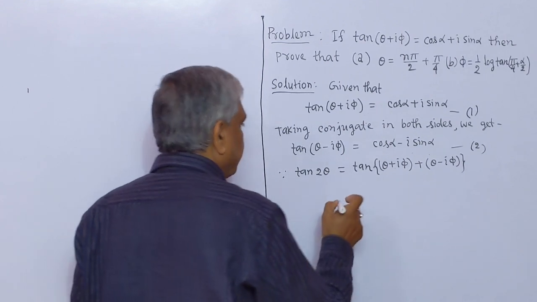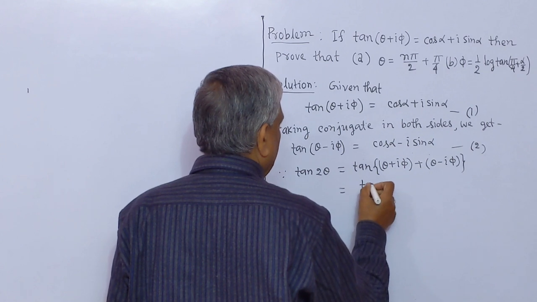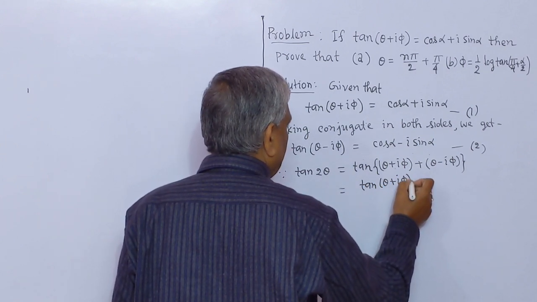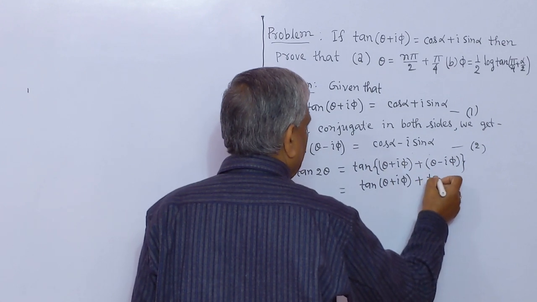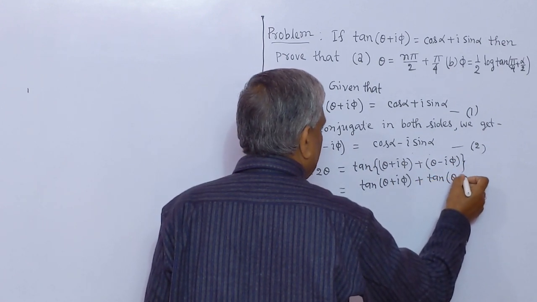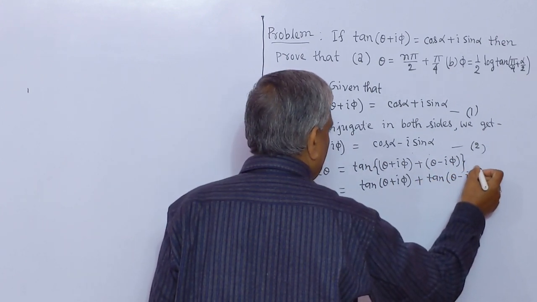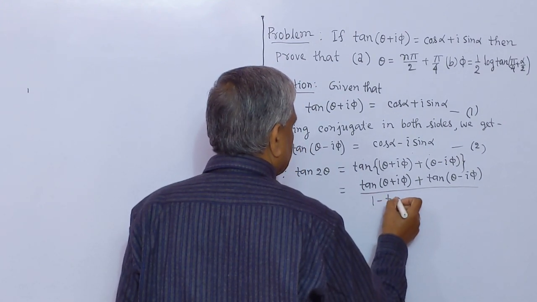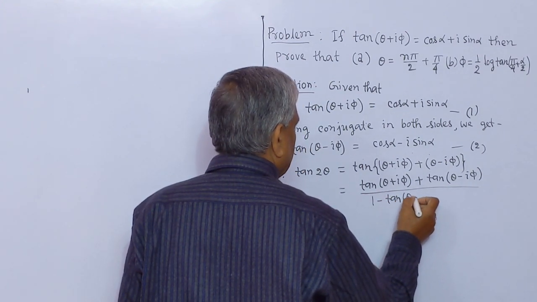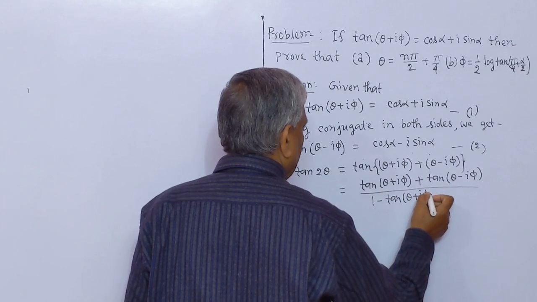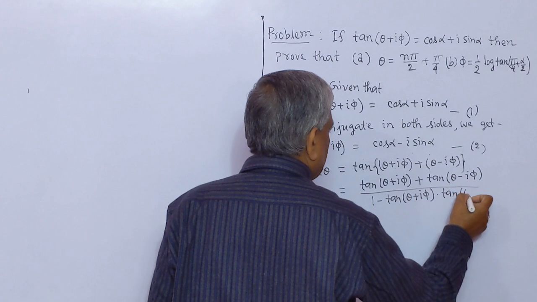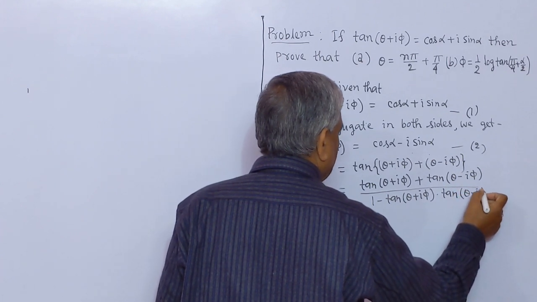Now we use this formula: (tan(θ + iφ) + tan(θ − iφ))/(1 − tan(θ + iφ) tan(θ − iφ)).